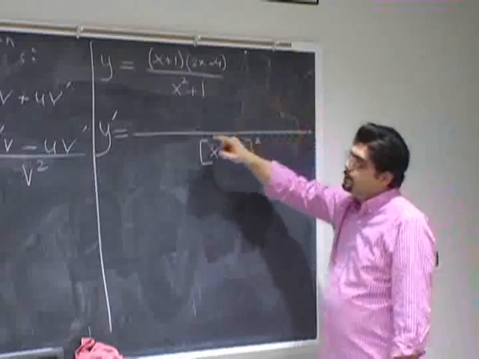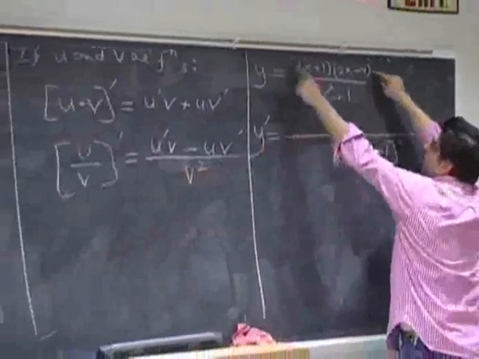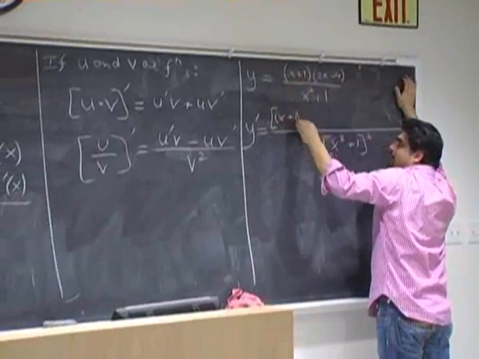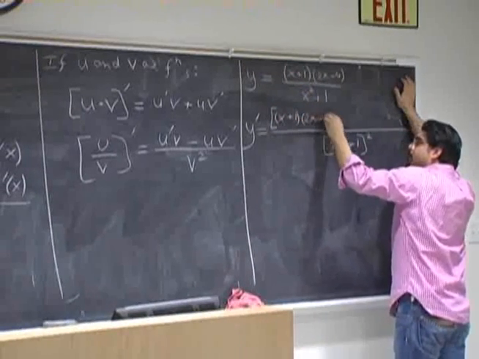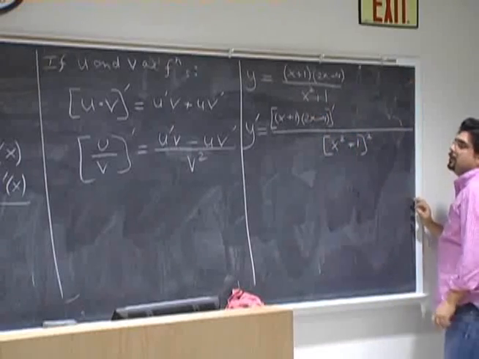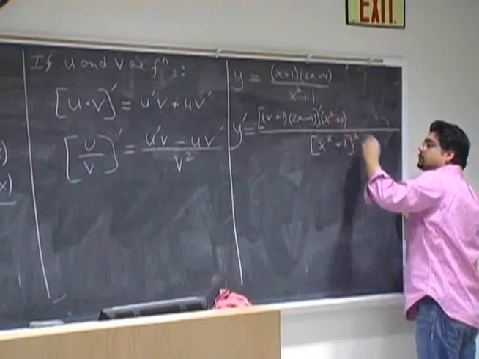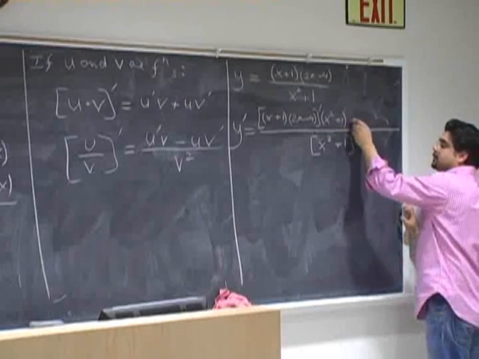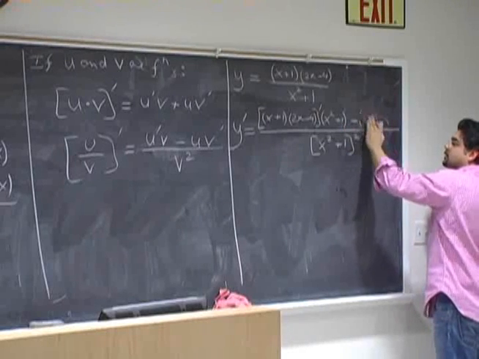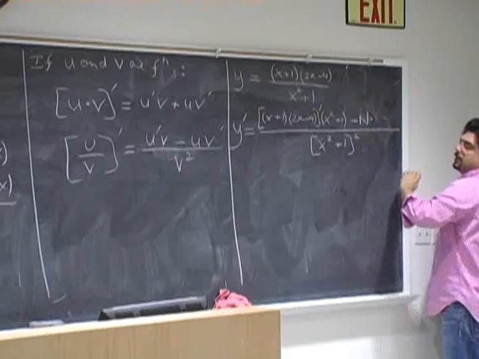So, and then here we have f prime g. So f prime. So take the derivative of the numerator, which I'll just write as the numerator prime, times the denominator minus the numerator, let's just write n, times the derivative of the denominator.